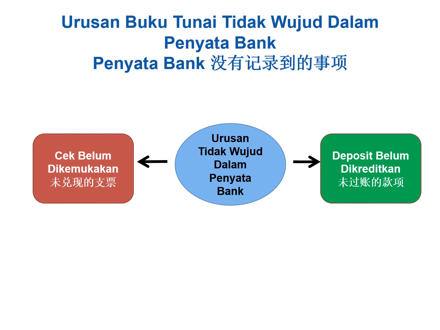Okay, the left hand side is already explained, and then the right hand side, that one is deposit belum dikreditkan. Okay, assuming I already received a check of 10,000, but the check is an outstation check, from Kuala Lumpur, or actually a Keningau check, or actually a Sandakan check.